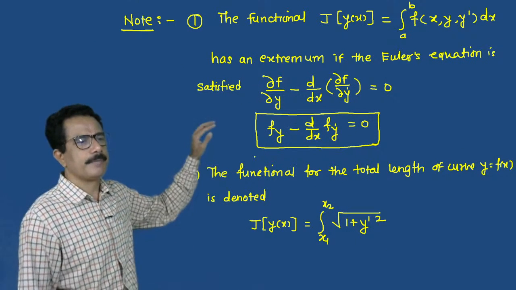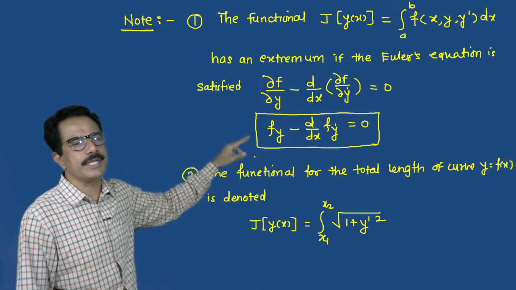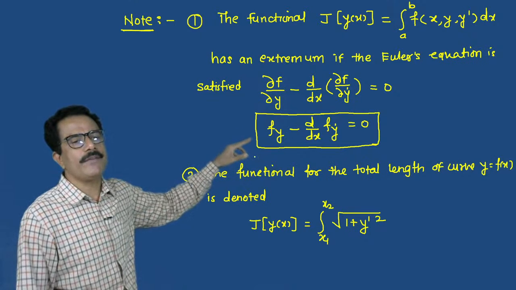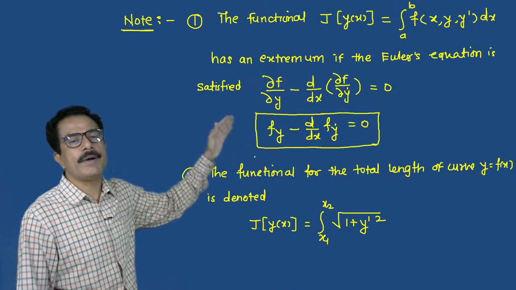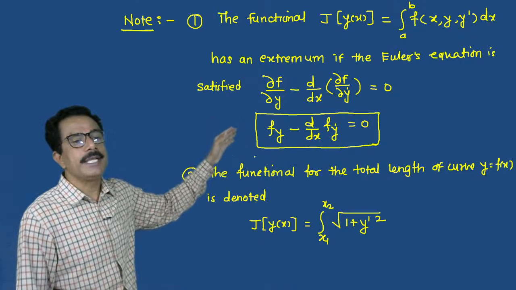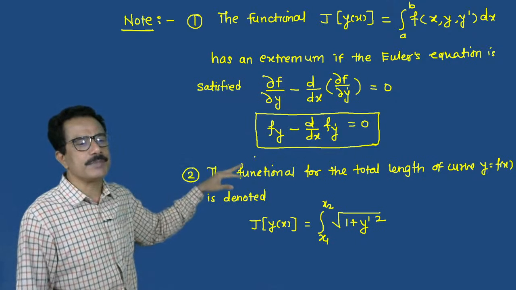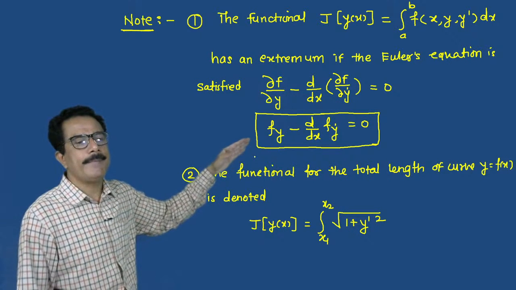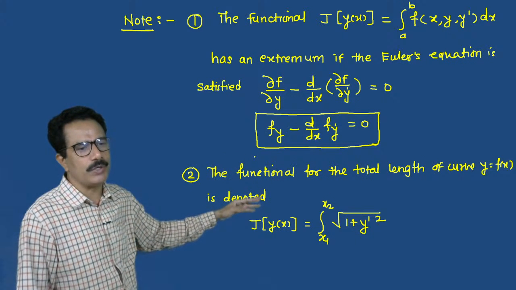Now see here, the functional Euler equation for the functional J of y of x, which is equal to the integral from a to b of f of x comma y dash dx, has an extremum if the Euler equation is satisfied: dou f by dou y minus d by dx of dou f by dou y dash equals 0.